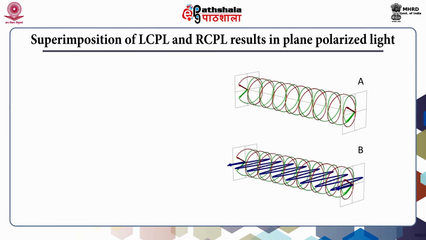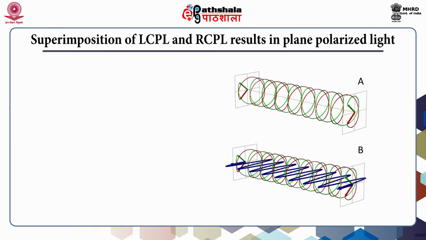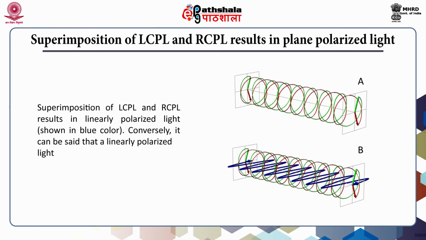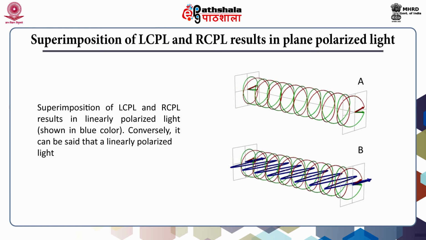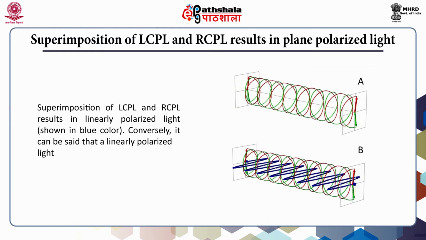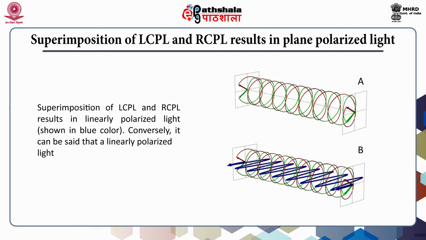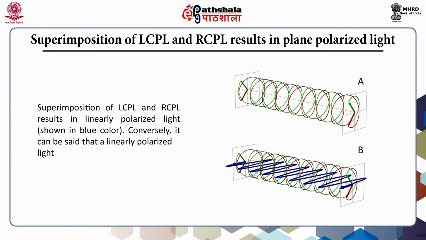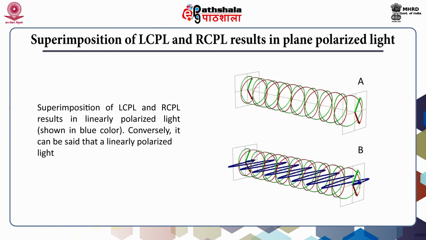Now, if LCPL and RCPL are superimposed, what happens? Superposition of LCPL and RCPL results in linearly polarized light. That's very interesting: we combined linearly polarized light to produce circularly polarized light, and now if we again superimpose left-handed and right-handed circularly polarized light, they again result in linearly polarized light, or say plane polarized light.